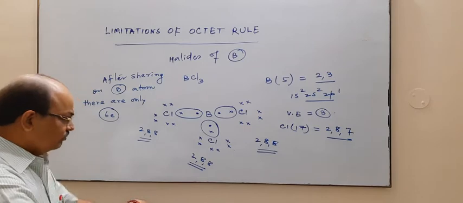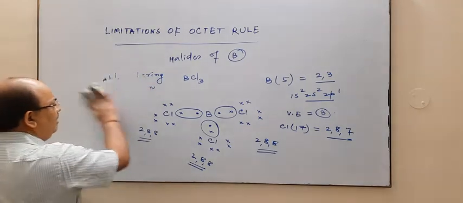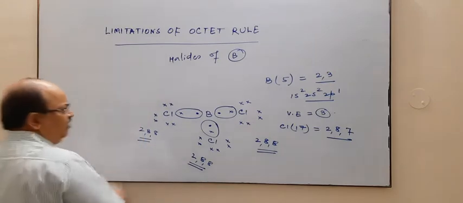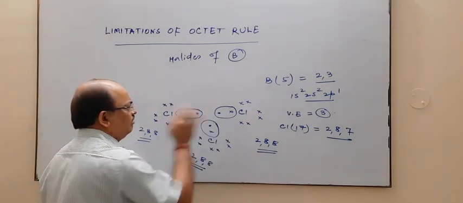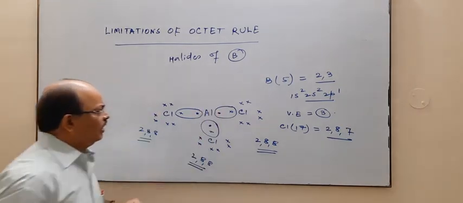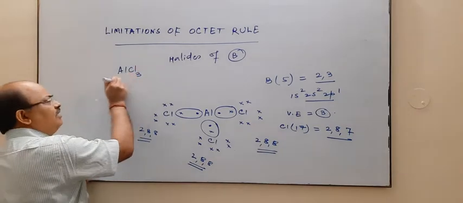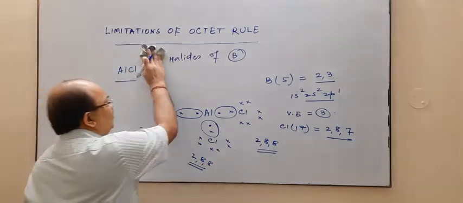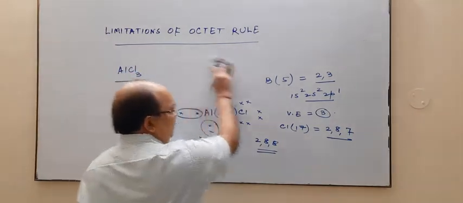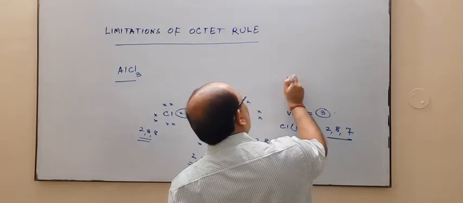Similarly, if in place of boron, if we consider aluminium, that is AlCl3. तो जब आप यहाँ AlCl3 ले लिए, now what happens in case of aluminium?